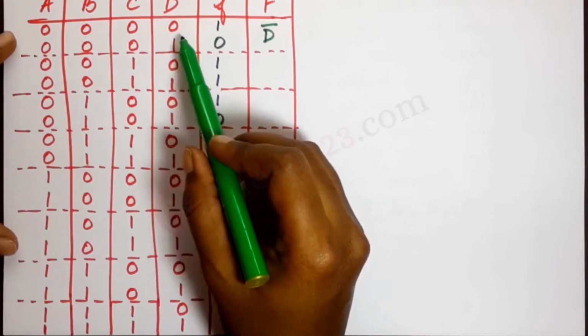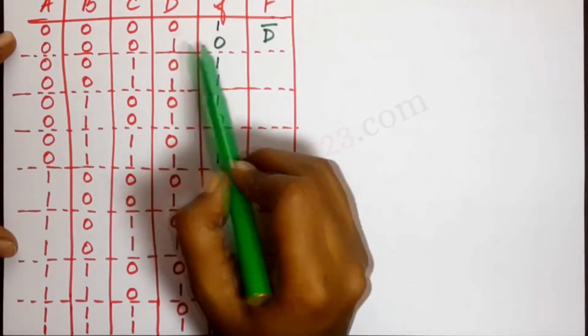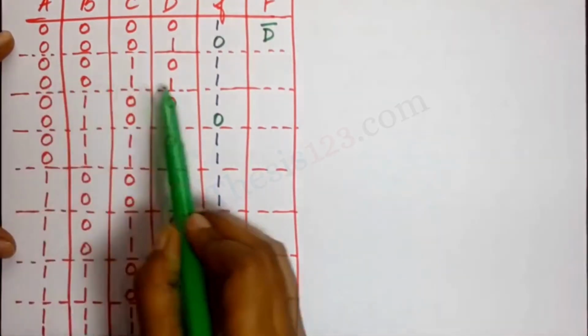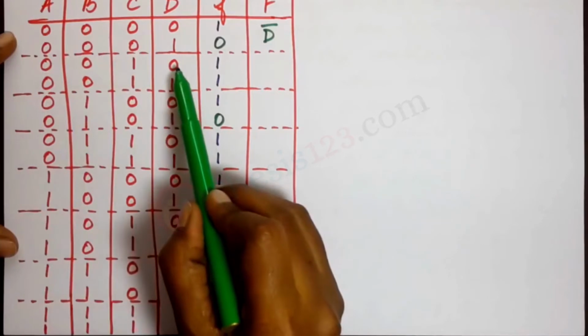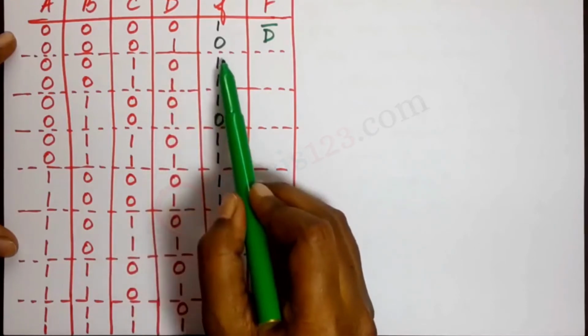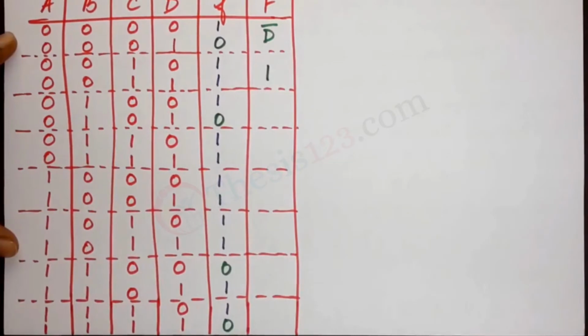Complement of D. Complement of 0 is 1, complement of 1 is 0. So the input is D bar. Now let's look at the next part. When D is 0, f is 1. When D is 1, f is 1. So regardless of the change, f is 1, which means that the input for this portion is 1.